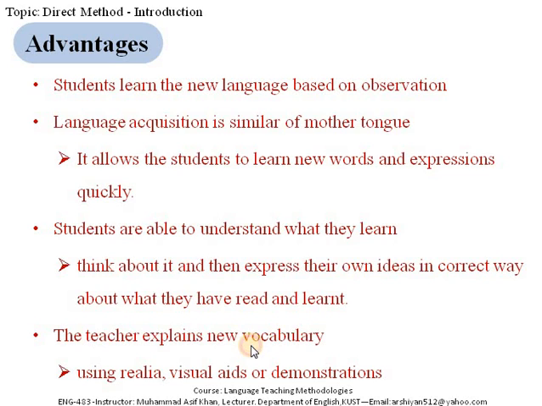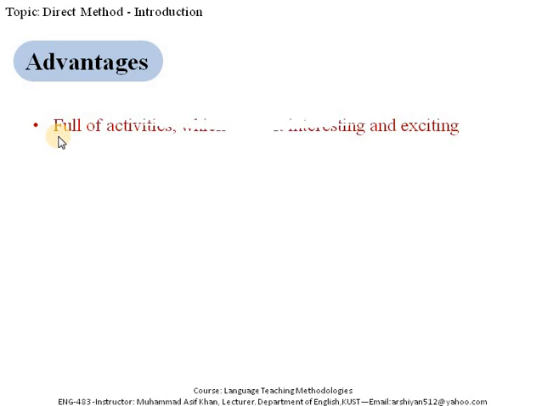In the direct method, that is the most important thing: when you are learning new vocabulary, you are capable of using that vocabulary. So that is your active vocabulary. Instead of just stocking passive vocabulary in your mind, in the direct method we are learning vocabulary which we can actually use in our daily conversation.